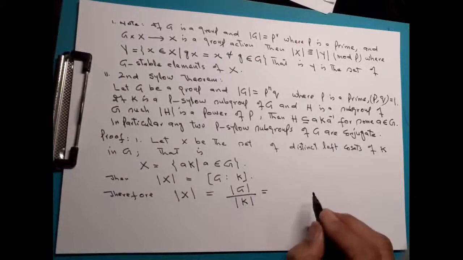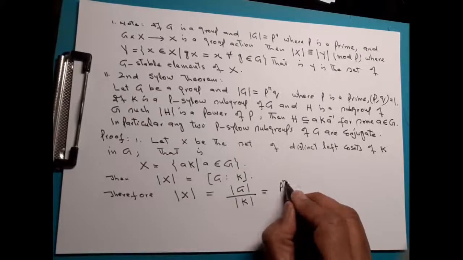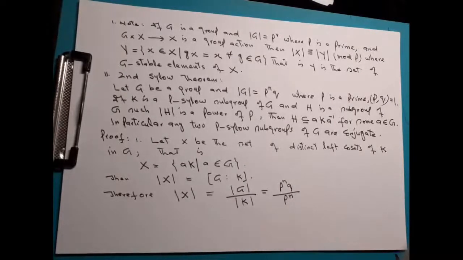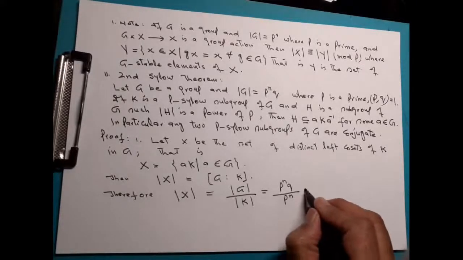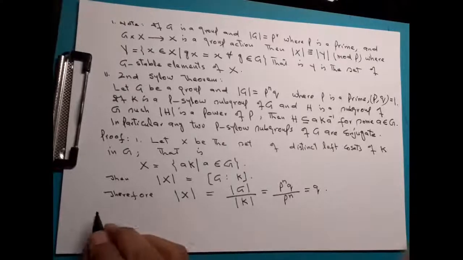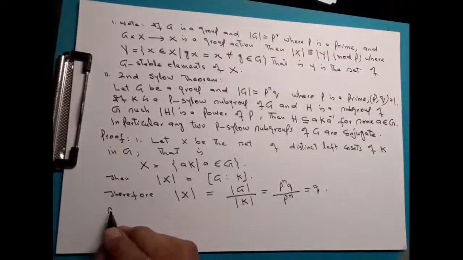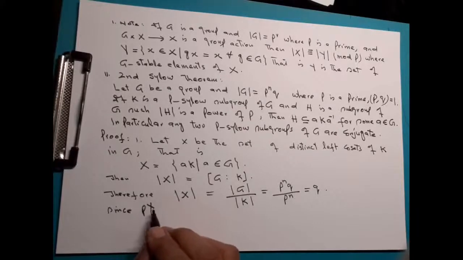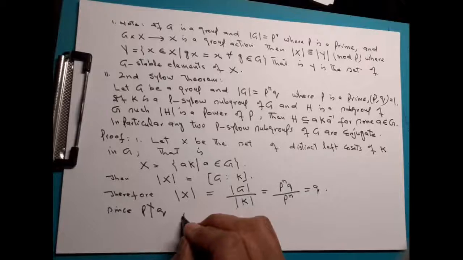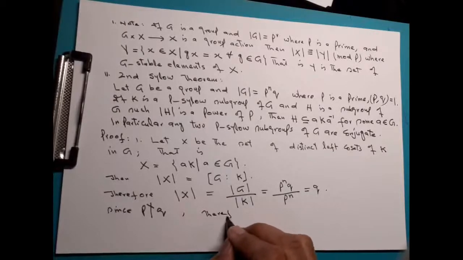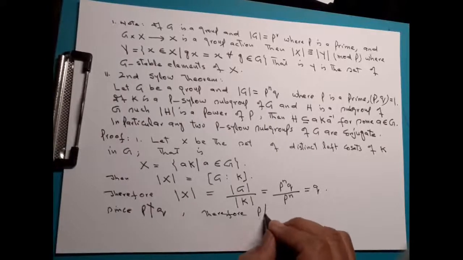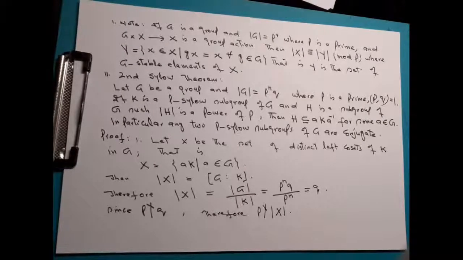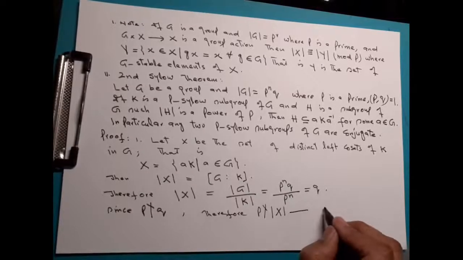And this is equal to, we know that the order of G is equal to P raised to power n Q, and the order of K is equal to P raised to power n, because K is a P Sylow subgroup, and this is equal to Q. Since P and Q are co-prime, P does not divide Q, therefore P does not divide the number of elements in X, because the number of elements in X is equal to Q. So we note this result as result 1.